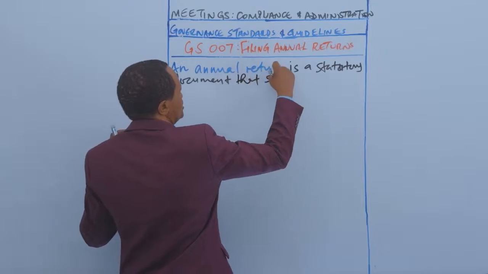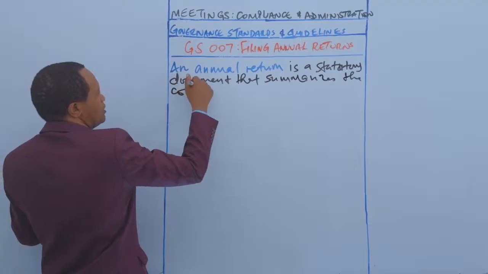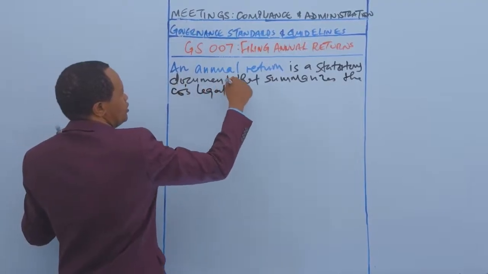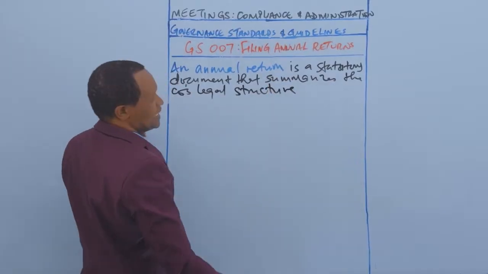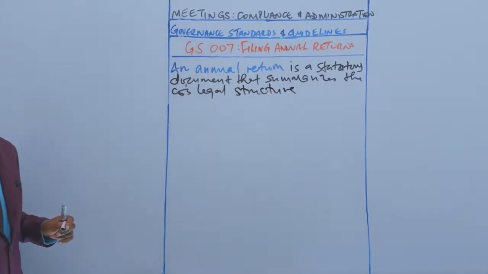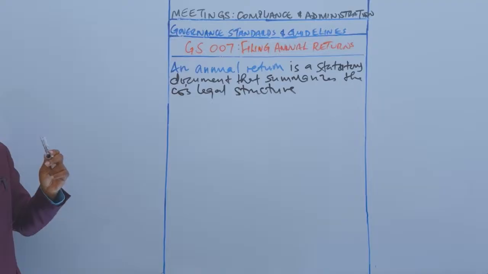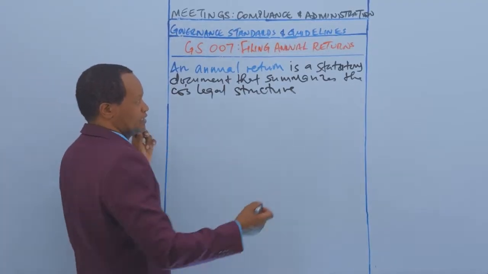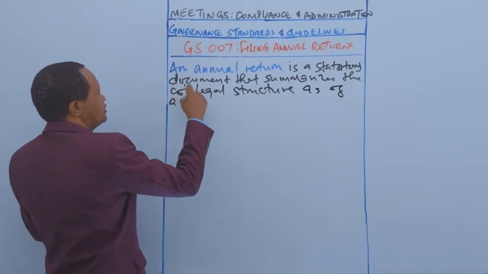as at a certain date. All right? That summarizes the company's legal structure as of a specific date.